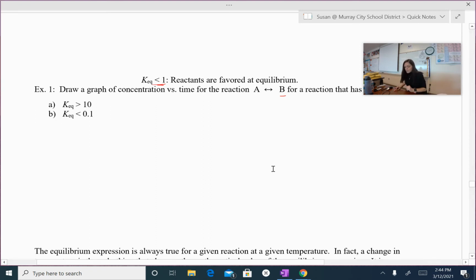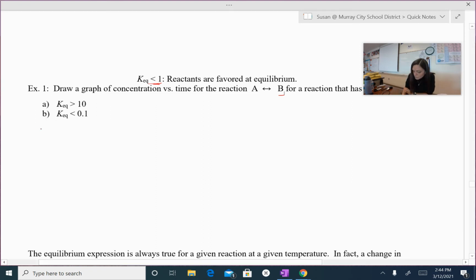Okay, I'm going to draw it and see if you compare yours and see if it is like mine. So if my equilibrium constant is greater than 10, which means I have a lot of products, my concentration of A is going to start out really high.